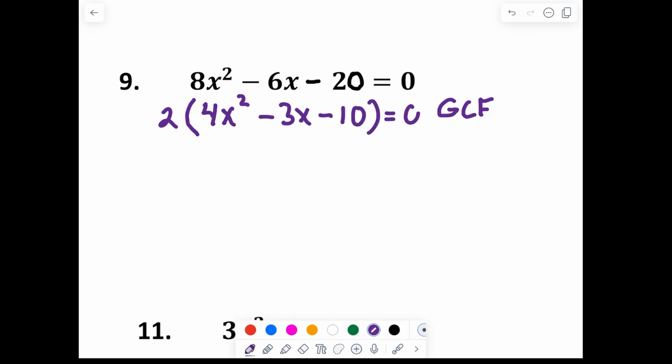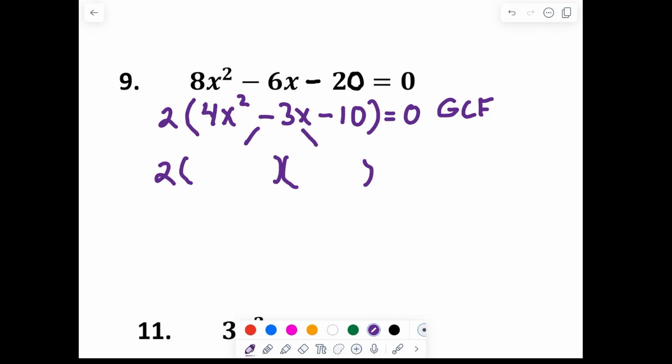Okay, the very first thing you want to do when you see that lead coefficient is not 1 is see if you can factor out a GCF. And here we can. Let's factor out a GCF because I see that 8, 6, and 20, they're all even numbers. They can all be divided by 2.